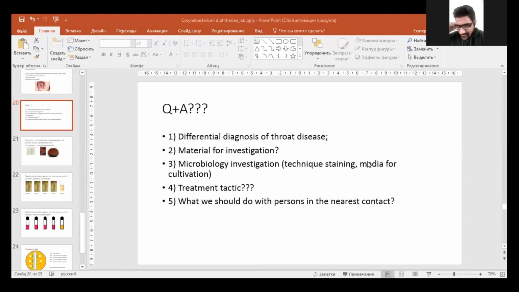After that, you should detect whether these persons are infected by Corynebacterium diphtheriae or not. You should take samples, incubate them in the thermostat and check results. Okay, after 48 hours we have the results of the bacterial investigation.